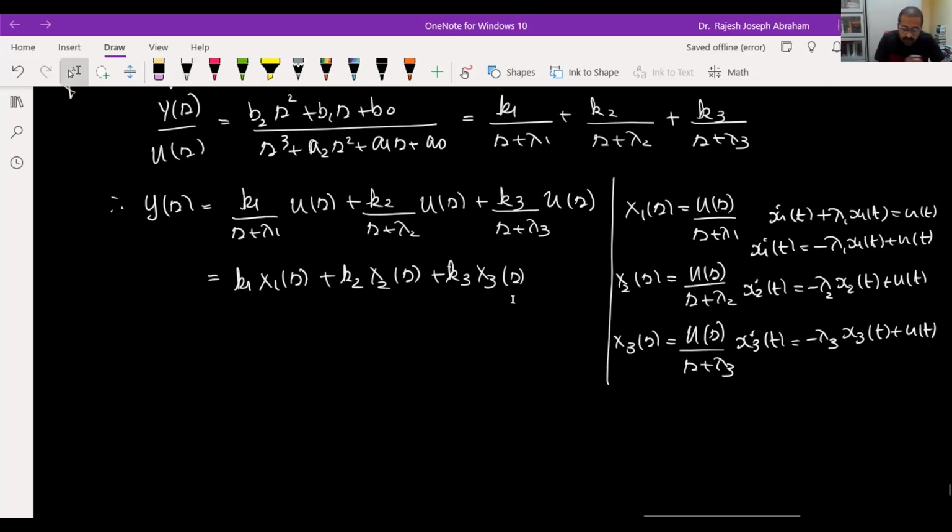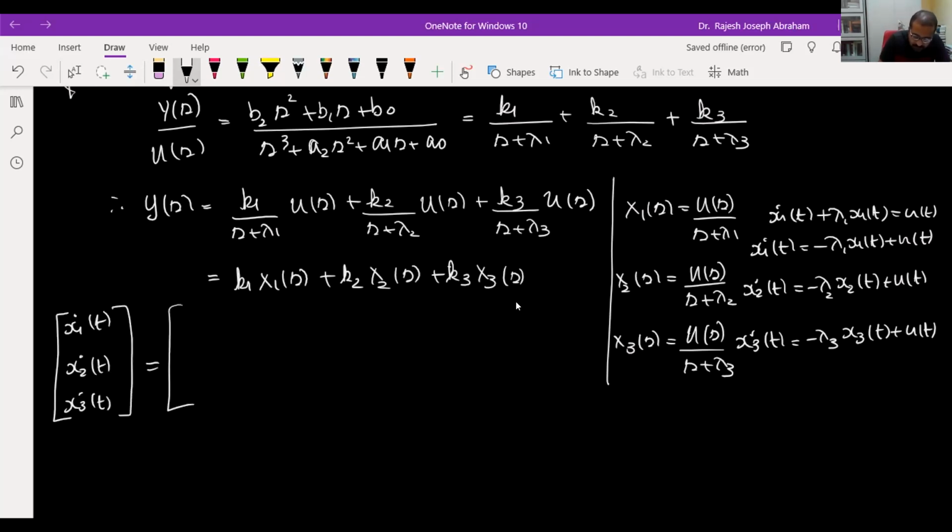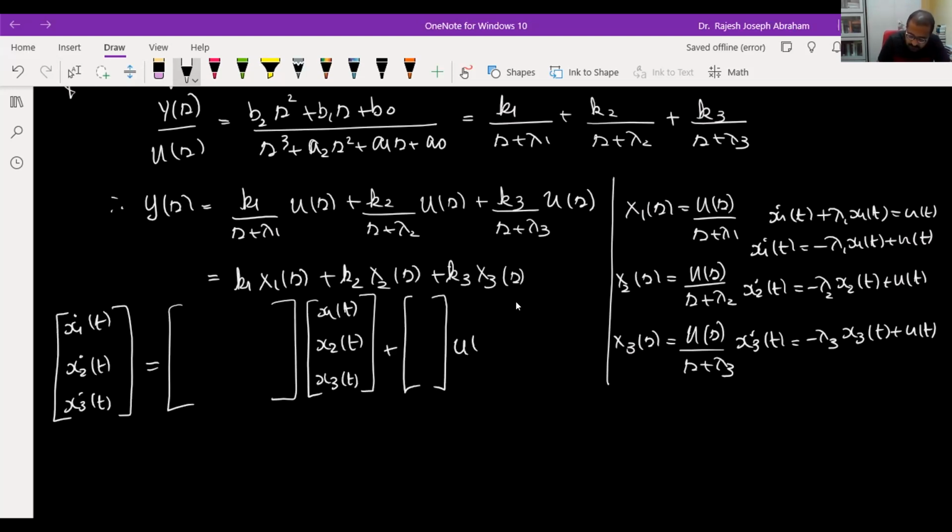So what will be our state space equation now? I can write x1 dot, x2 dot, x3 dot equals some matrix A into x1, x2, x3, plus some matrix into U. Now x1 dot is minus lambda 1 x1 plus U, so all other entries in that row are 0.